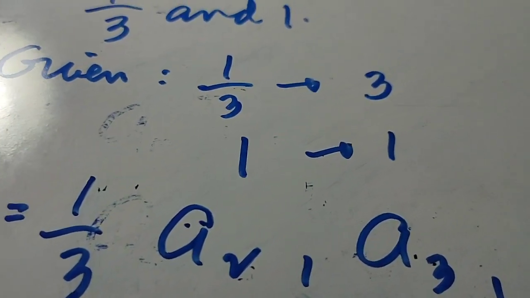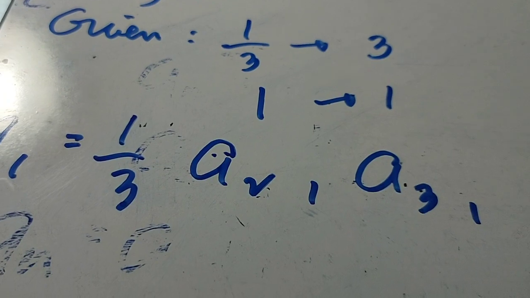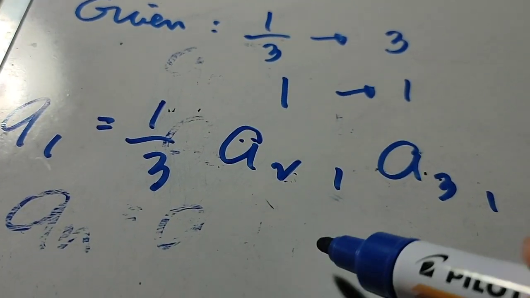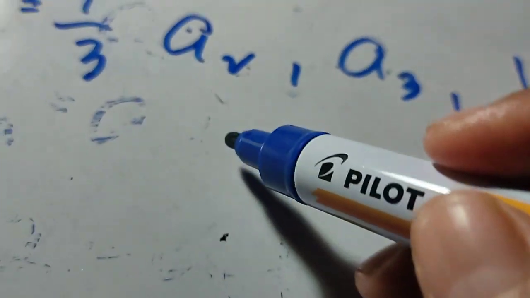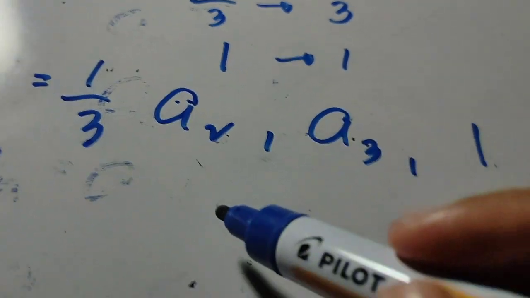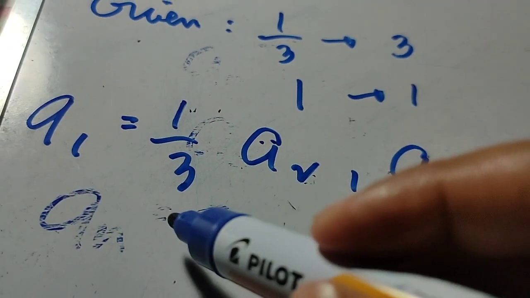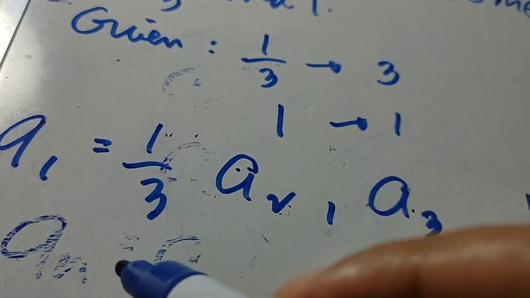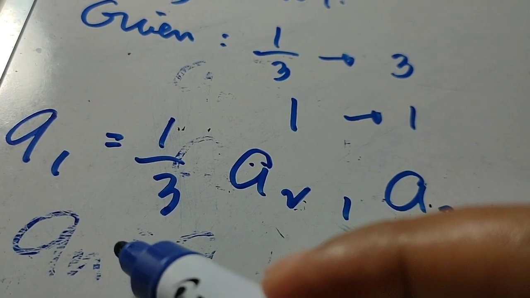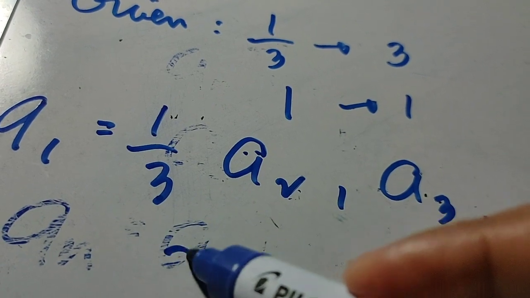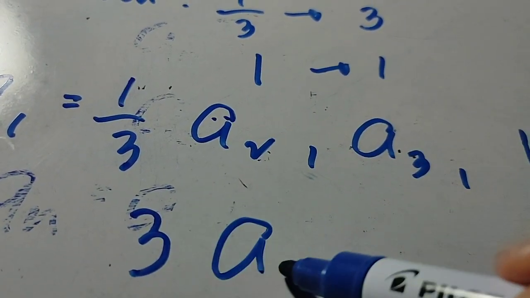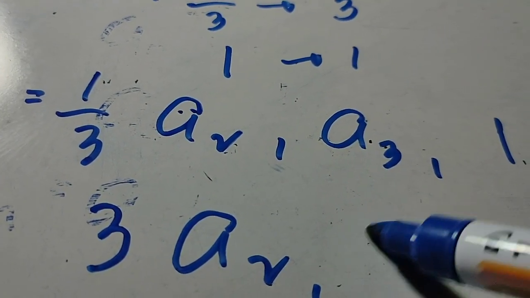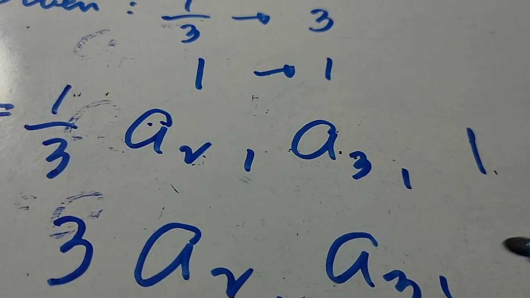Okay, so in that case, we need to consider the reciprocals: a sub 1 is 3, a sub 2, a sub 3, and then 1.